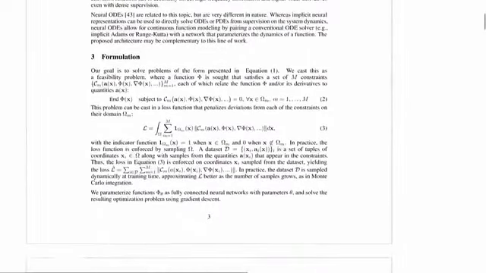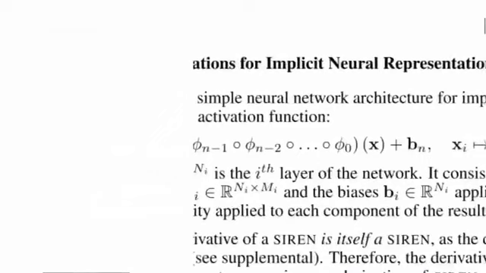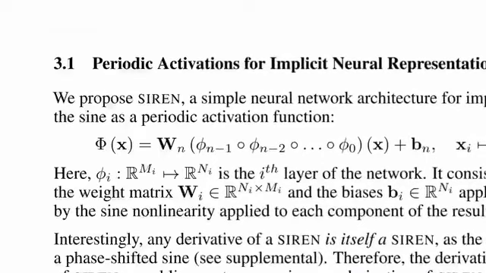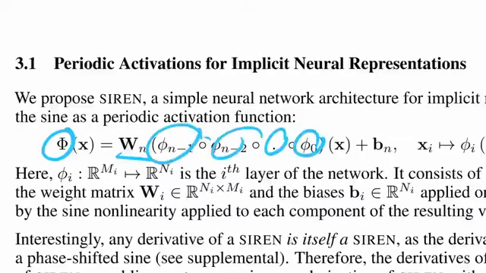And a Siren is simply made of, what is that? Here, it's a multi-layer perceptron, basically, right? So this here is the network. This is the final layer of the network, which is a linear layer. Before that, you have all these layers, just not concatenated, but following each other.